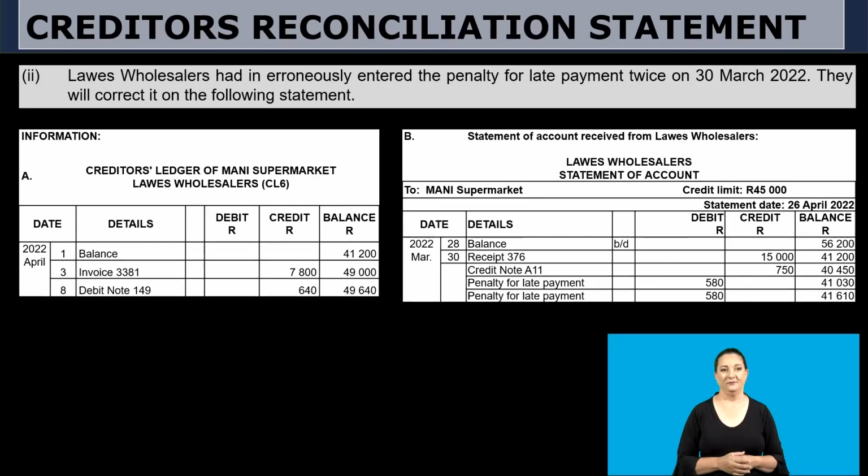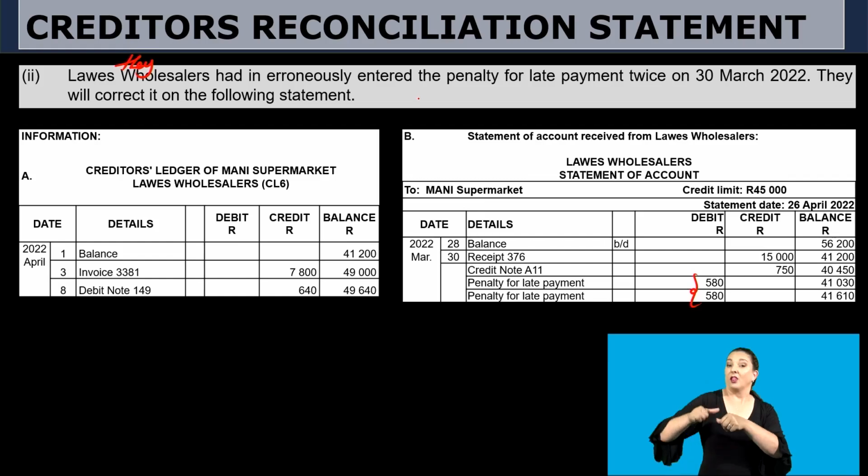Let's do that. Number 2 then reads, Lewis Wholesalers, that is them, had erroneously entered the penalty for late payment twice on 30 March. They will correct it in the following statement.